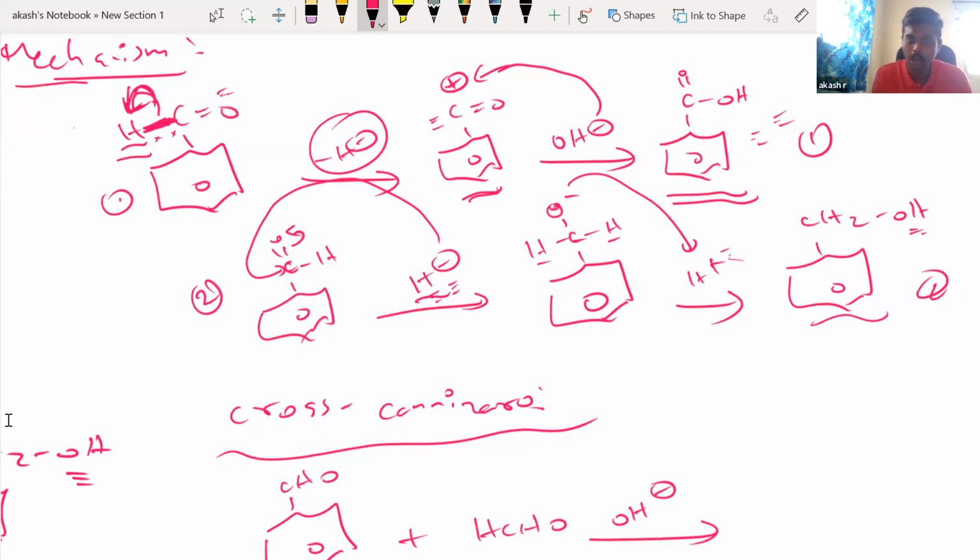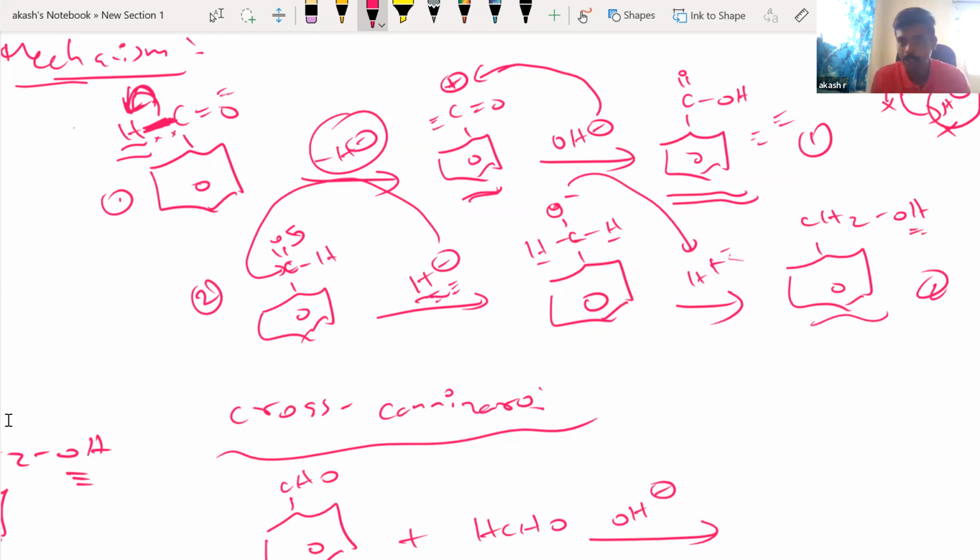If this CH bond is very strong, we have to understand that this bond cannot be broken. If this cannot be broken, H minus cannot come out. Whenever the bond is very strong, you will not be able to break the bond and give the H minus.